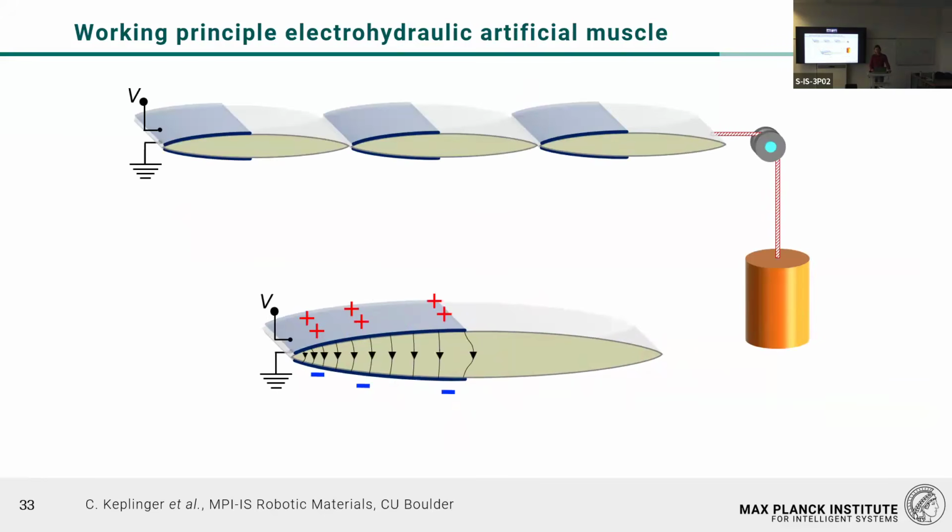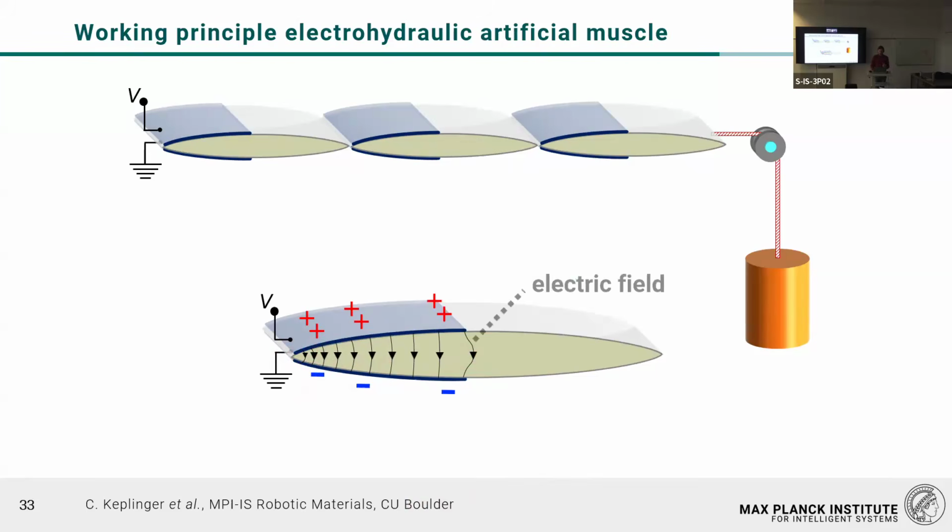What we're going to do now is apply an electric field on the electrodes. We apply a high voltage, a few kilovolts, to generate an electric field. And then what you see here are the electric field lines that are very dense in the beginning and less dense here to the right, which means that the electrostatic force on the left is higher than here in the center.